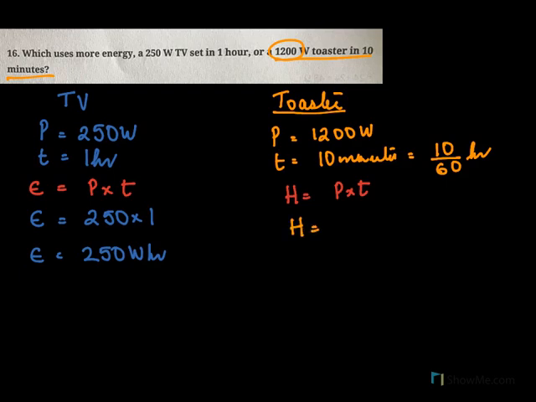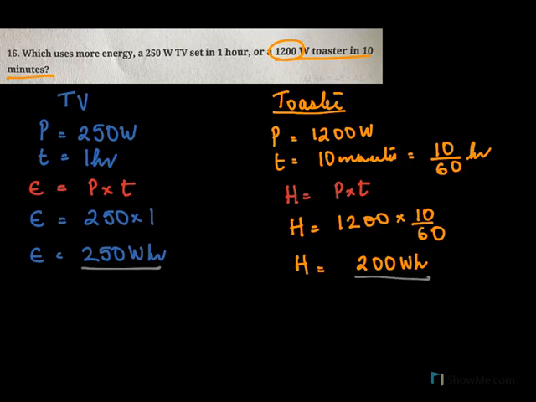So here the energy will be 1200 into 10 over 60, and this works out to be 200 watt hour. So when you compare, this is 250 watt hour, 200 watt hour. So who consumes more? We see that the TV consumes more energy.